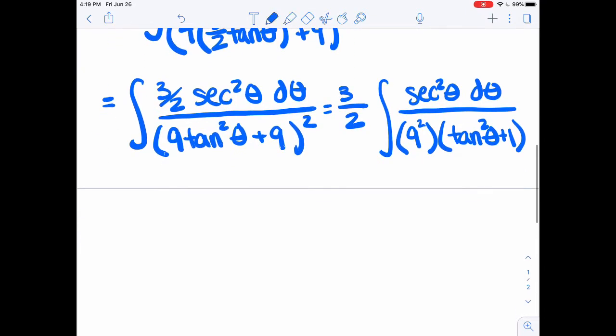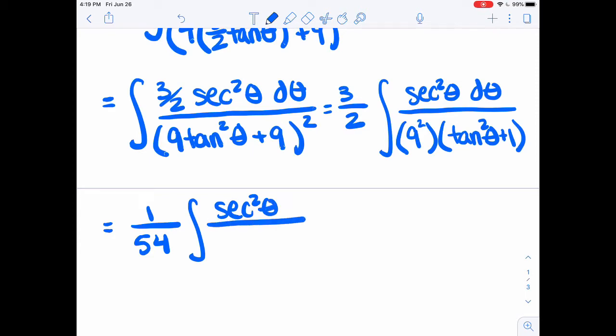So let's see, going back to the numbers, 9 squared is 81, 3 goes into 81 27 times. 27 times 2 is 54, so I think we have 1 over 54 times the integral of secant squared theta over tangent squared theta plus 1 quantity squared d theta.